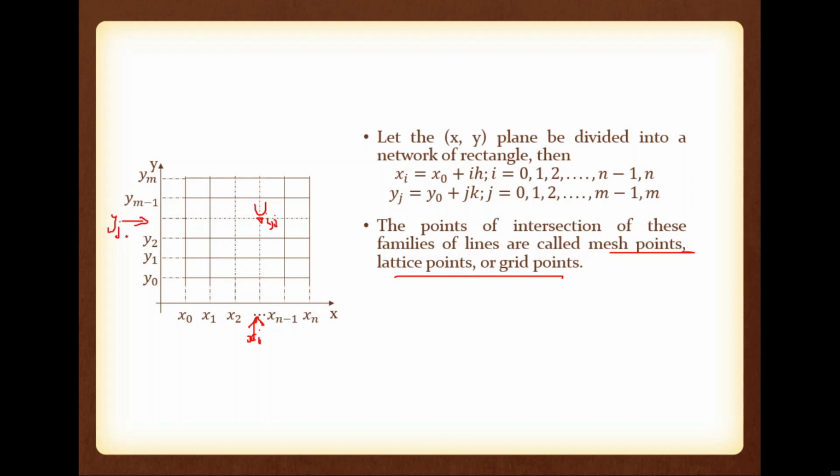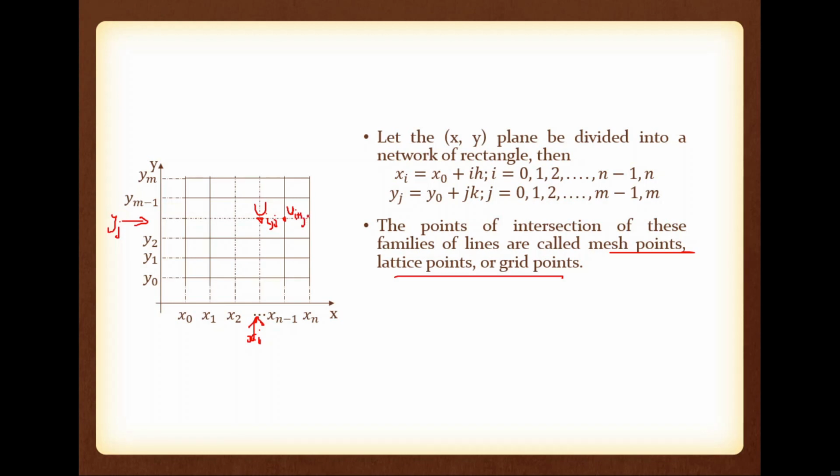Is it okay? If this is uij, the next point of u corresponding to x, meaning the right point, is u i plus 1 comma j. If this point is u i comma j, then this point is u i plus 1 comma j, because that one is the next point.